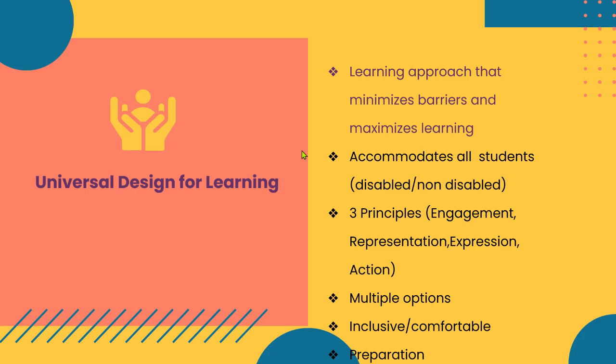Within the Universal Design for Learning, there are three principles: engagement, representation, and action and expression. So there are multiple options for using and displaying that type of learning, and it does include itself for inclusive and comfortable environments to learn, and does require preparation for that design.